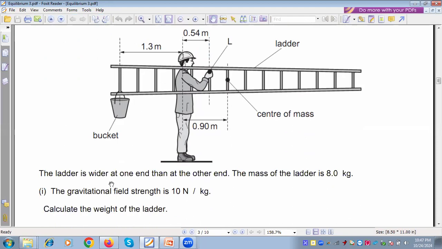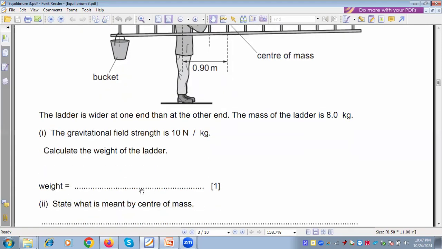The ladder is wider at one end than the other end. The mass of the ladder is 8 kilogram. The gravitational field here is given as 10 Newton per kg. But now you people are instructed to use 9.8 instead of using 10. Because this is the old paper, before 2023, the value of g was taken as 10.